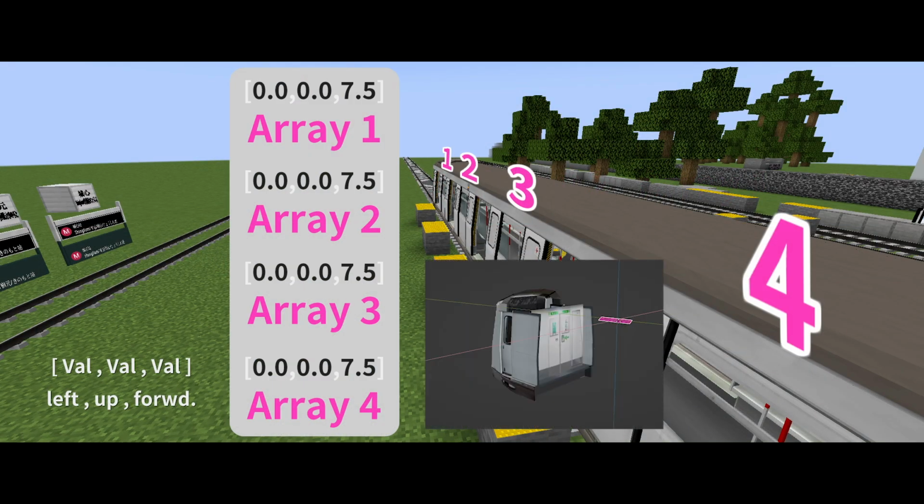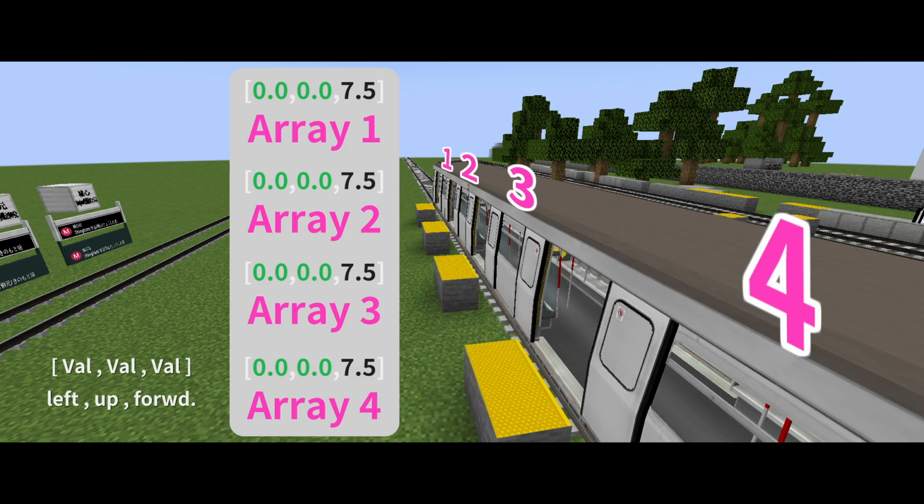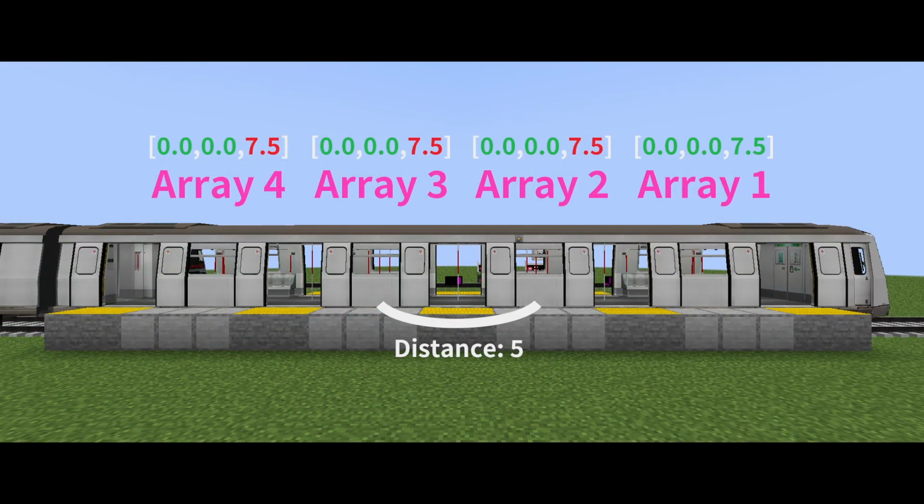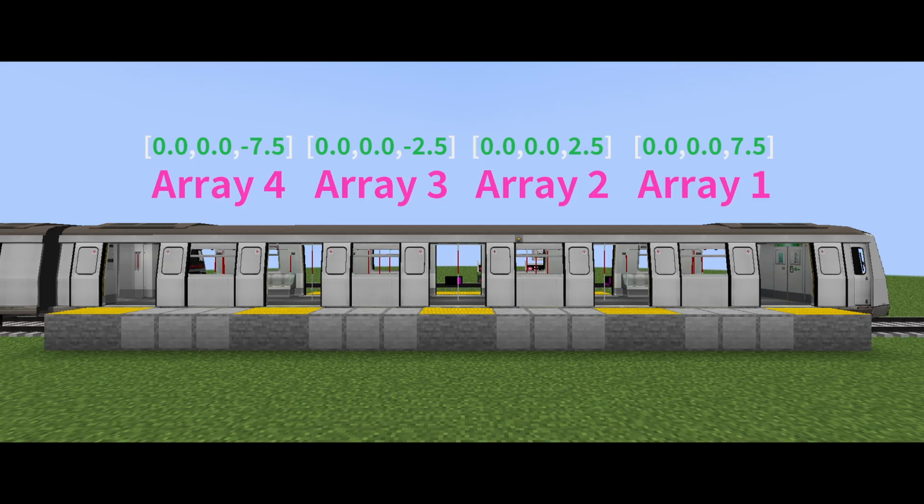These 4 screens share the same distance from the left side. They also share the same distance from the upper side. The only difference is their distance from the front side. Therefore, for each array, the third value needs to be changed. In this case, since the distance between every two screens is 5, the third value in each array needs to be 5 less than the value in the previous array. That's right.